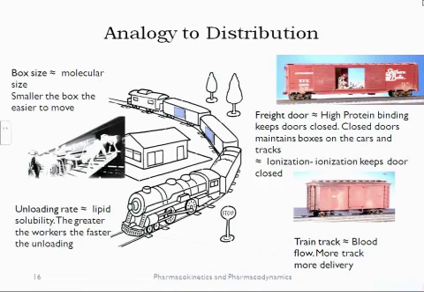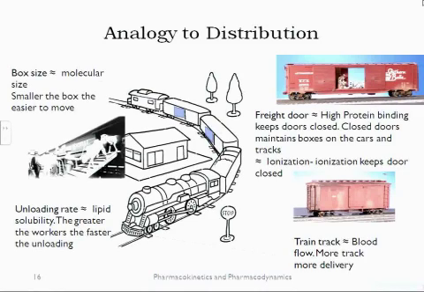What determines whether the freight door opens or closes can be two concepts. One is protein binding. If you make something very highly protein bound, the door is closed and it stays inside the freight car. If you make it low protein binding, the doors are open and allow the medication out.